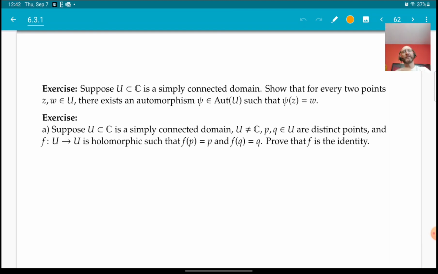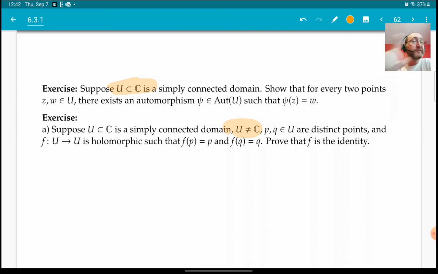All right. Now, another exercise. Again, we know this for the disk. By the way, here we're going to assume that U is not C. Here we didn't assume it, so you have to work in cases a little bit.